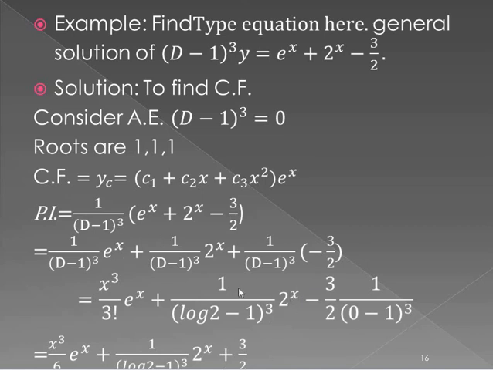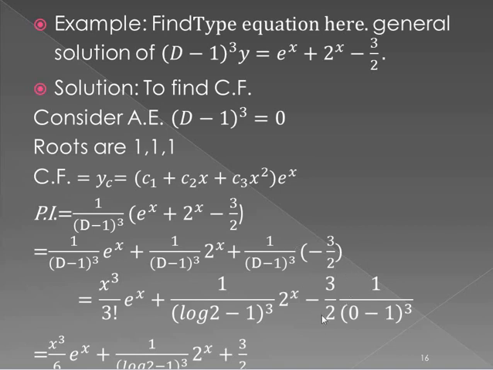Here we have to use the formula: if f of x is of the form a raised to x, then replace d by log a and write down the PI. PI is equal to 1 upon phi of log a into a raised to x. So by using this formula we get this term, 1 upon log 2 minus 1 cube into 2 raised to x. Minus, this term is k, that is the constant term, minus 3 by 2 times.